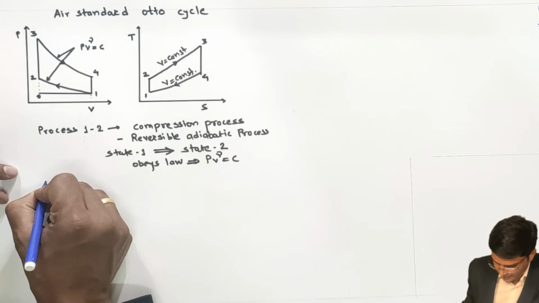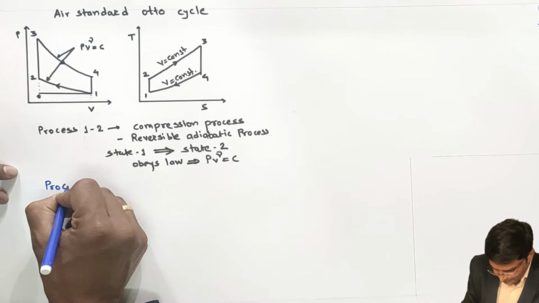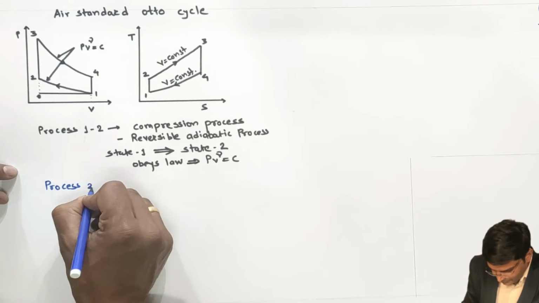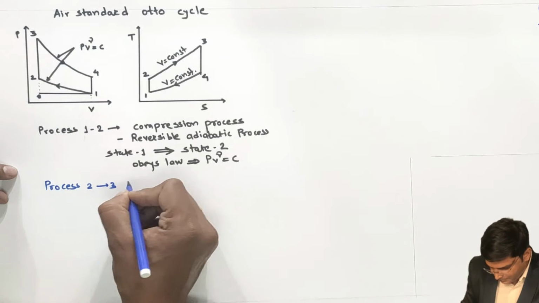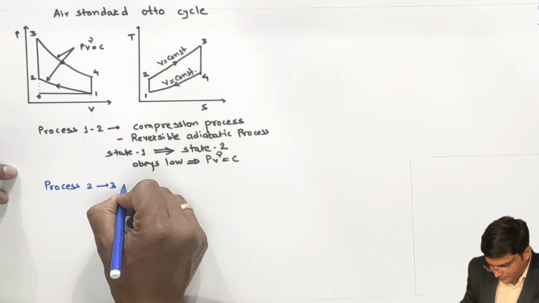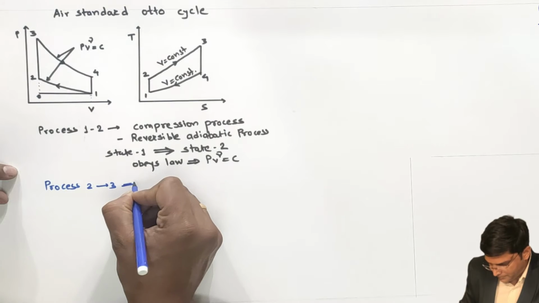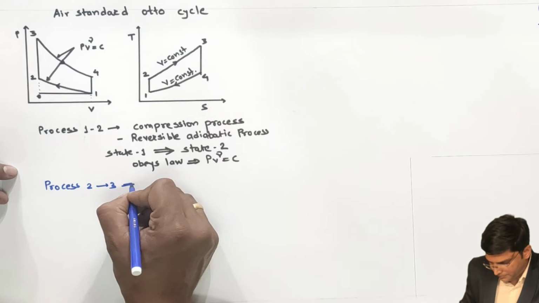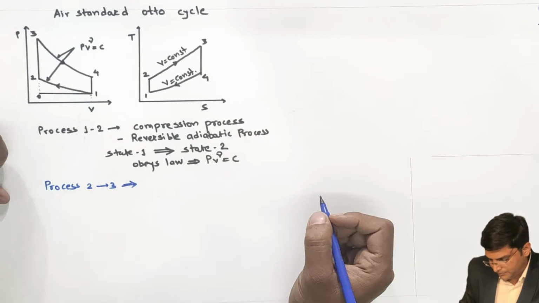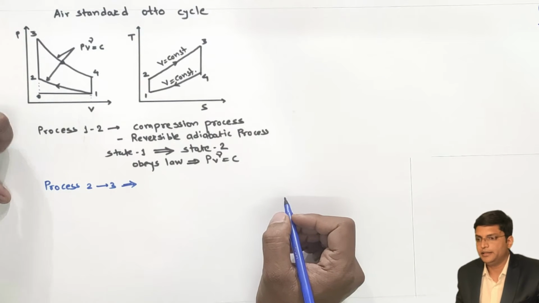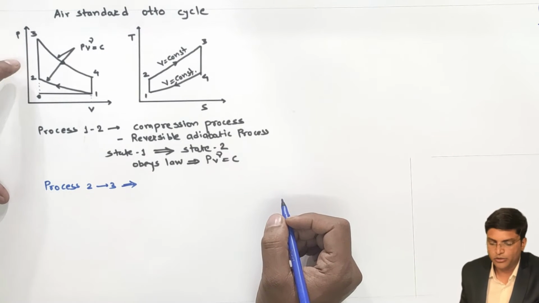Now process 2 to 3, here heat addition takes place at constant volume.